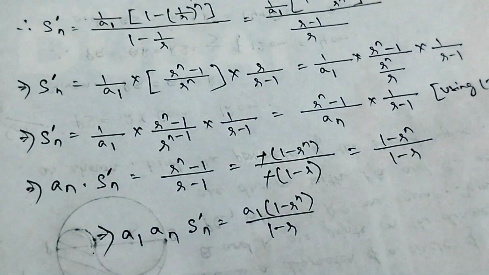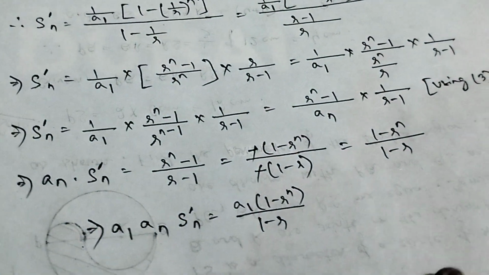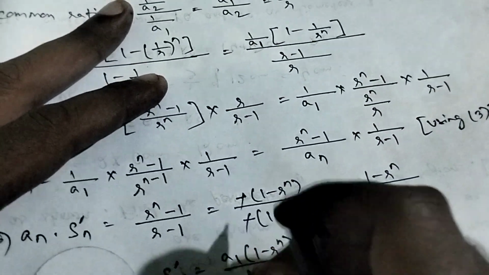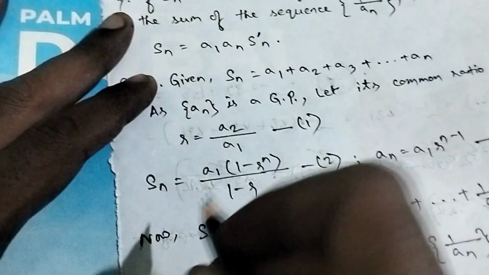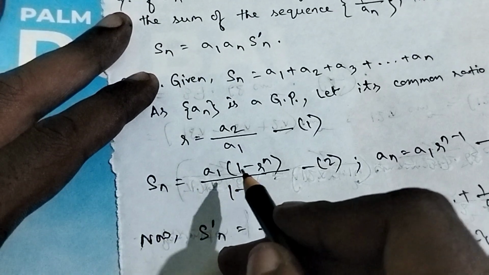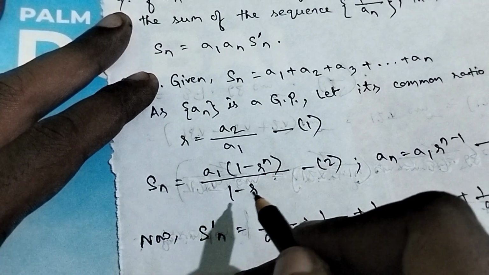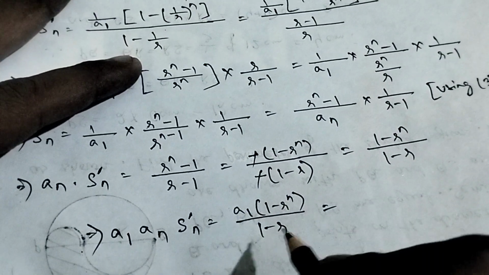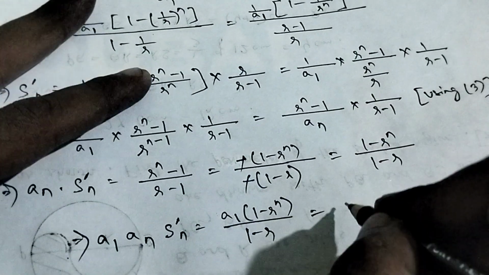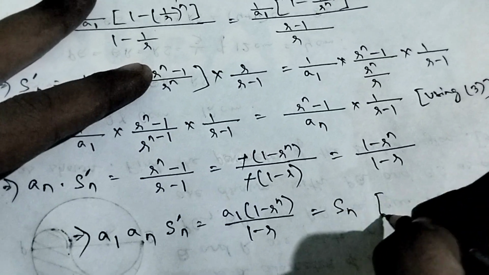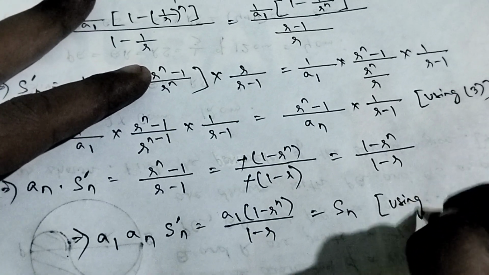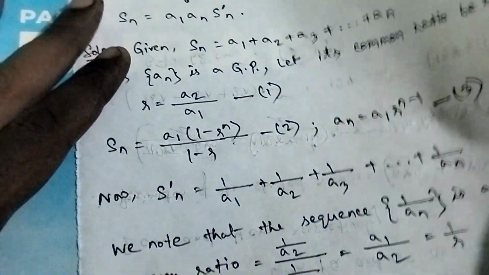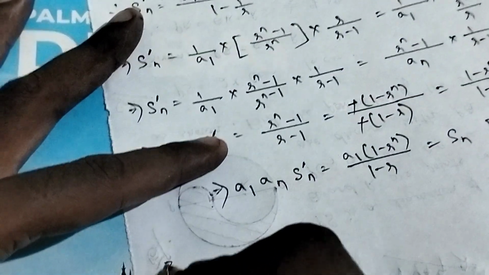See, what is the formula of Sn? Sn is equal to a1 into 1 minus r to the power n by 1 minus r. In place of this I will write Sn using equation 2. So here we have proved.